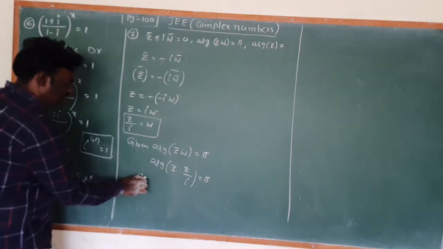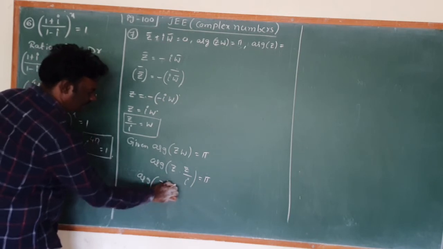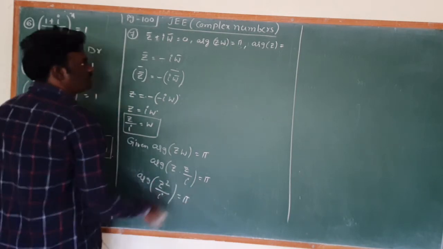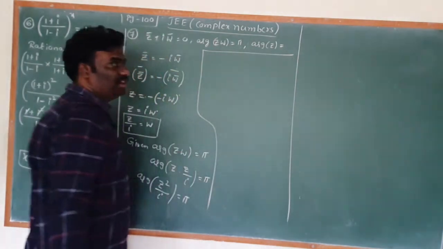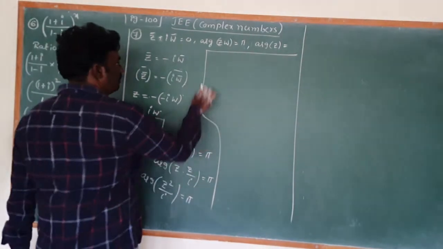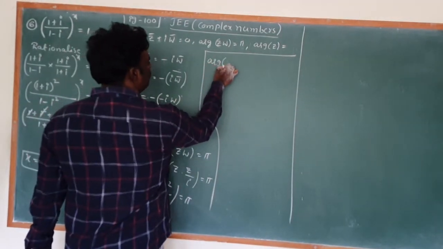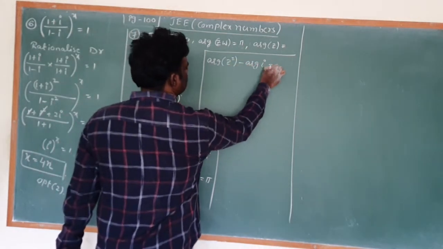Z square. Argument of z square by I is equal to pi. So I already discussed in the previous class argument of z1 by z2 is equal to argument of z1 minus argument of z2. Then argument of z square minus argument of I is equal to pi.